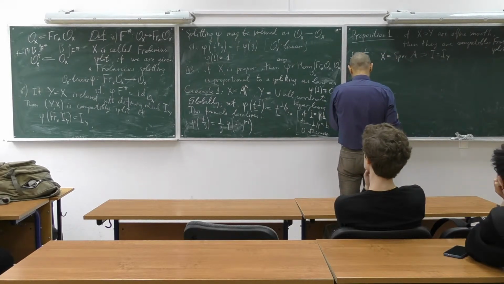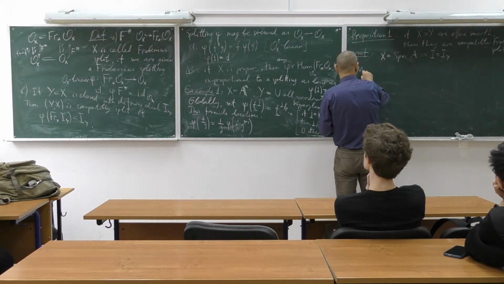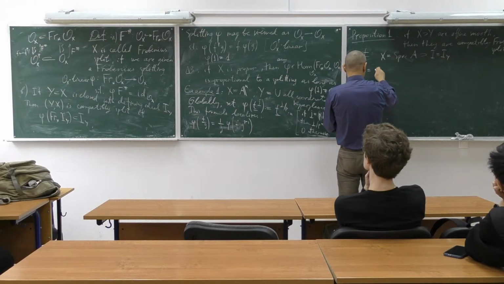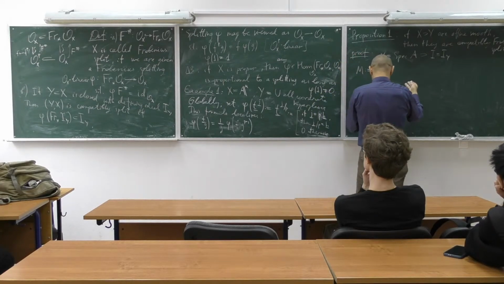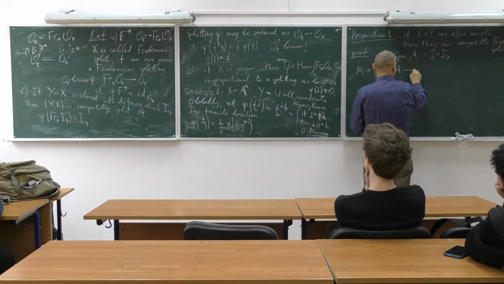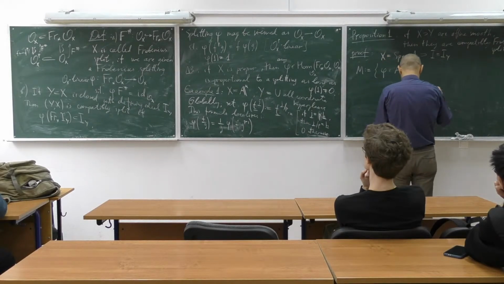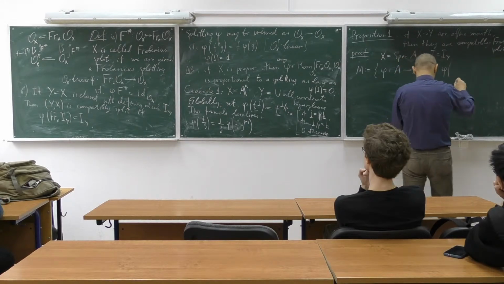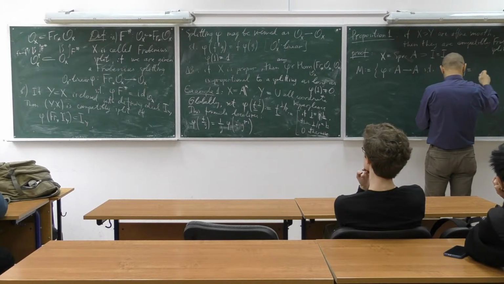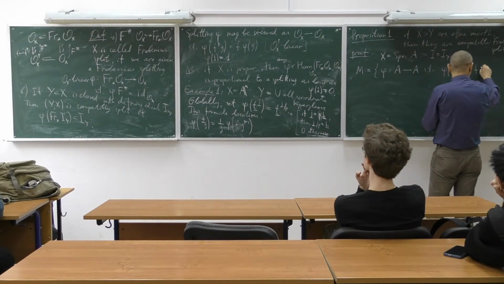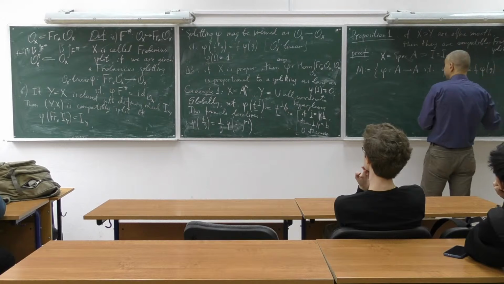Now let's consider the following module M. It is the module formed by all, so to say, potentially Frobenius splittings. So they are p-linear morphisms: phi of f to the power p times g is f times phi of g.